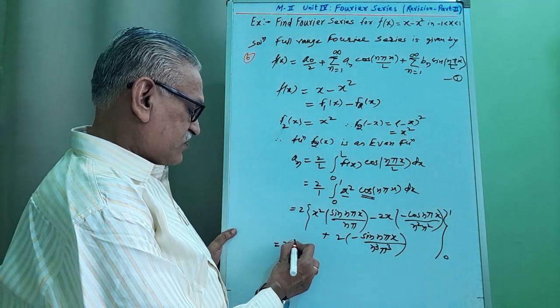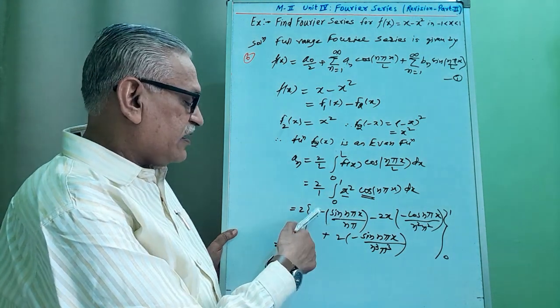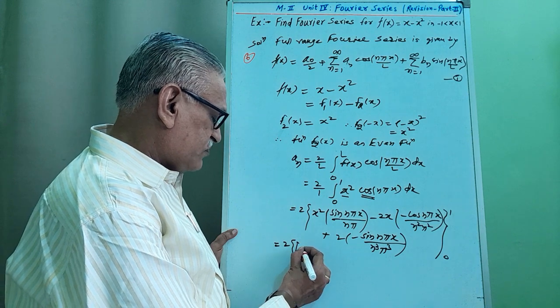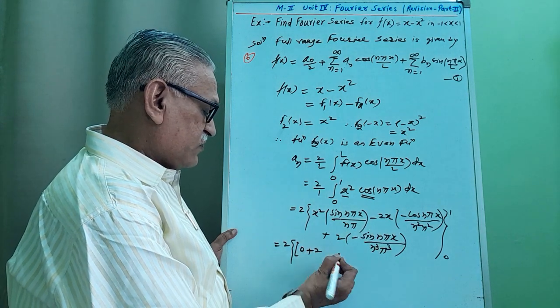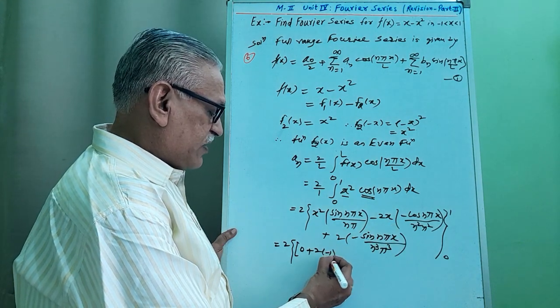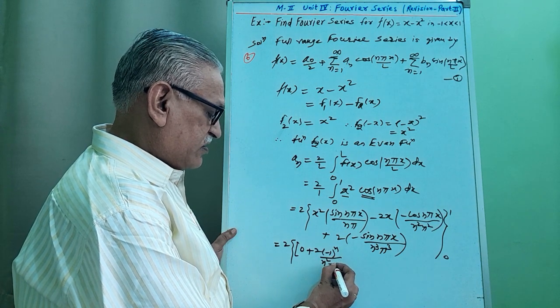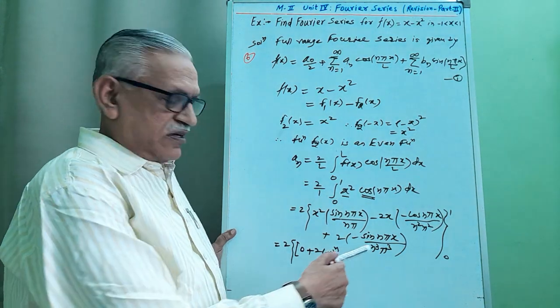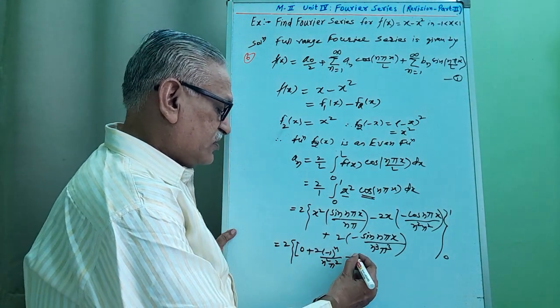Substituting the values, for the upper limit it becomes sin n pi, and sin n pi is 0, the first term is 0, minus minus plus, 2 into 1 we get 2. Cos of n pi, the value of cos n pi is minus 1 raised to n upon n square pi square, and sin n pi is 0, therefore minus 0.